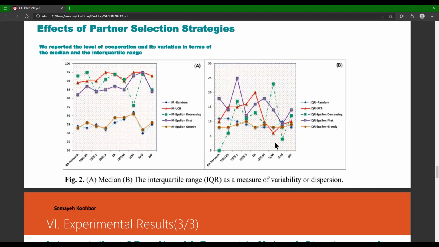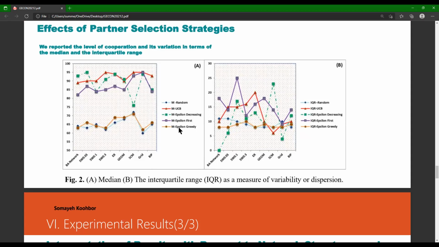Considering the interquartile range of 5, for example, here in the case of SCM, the median is around 95. So 95 plus 5 means we are getting very close to having a population which is 100% cooperative. And this was something appealing.